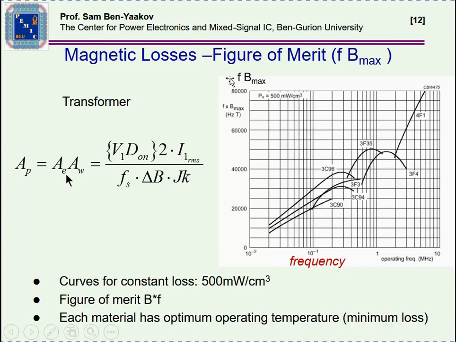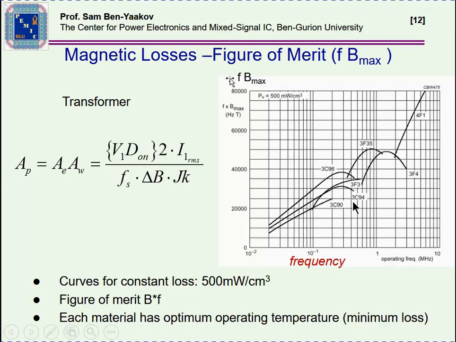This product is very important in helping you to choose the core. And you'll see here, in the denominator, we have frequency times delta B. So the larger this product will be, the smaller will be AP and the smaller core you need. Therefore, you like to have this figure of merit, this product F times B maximum, as large as possible.